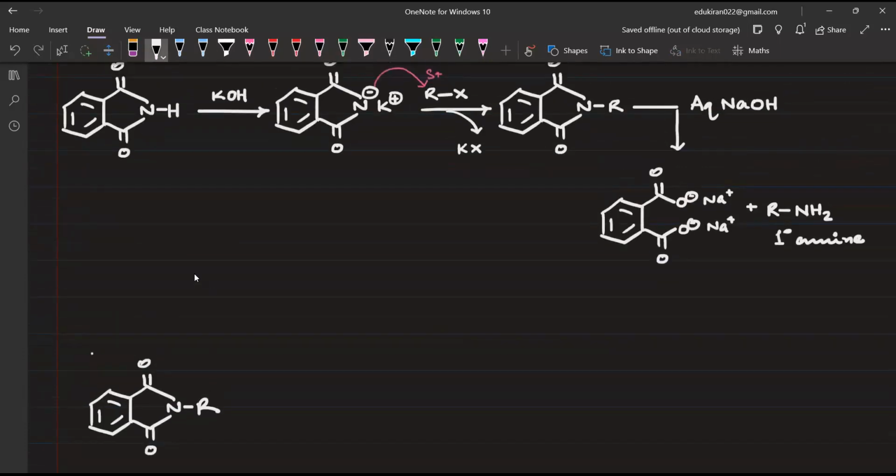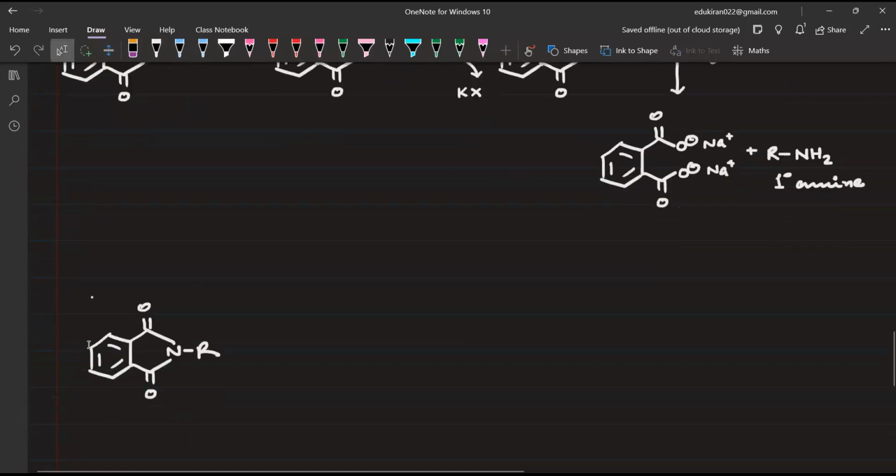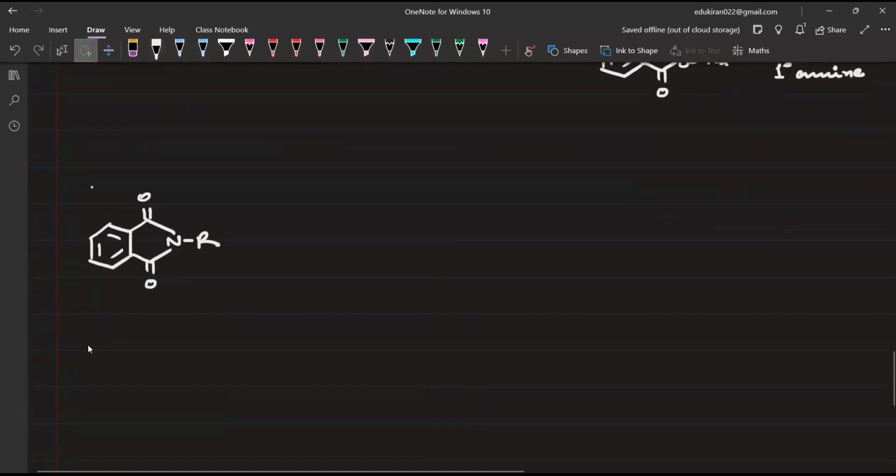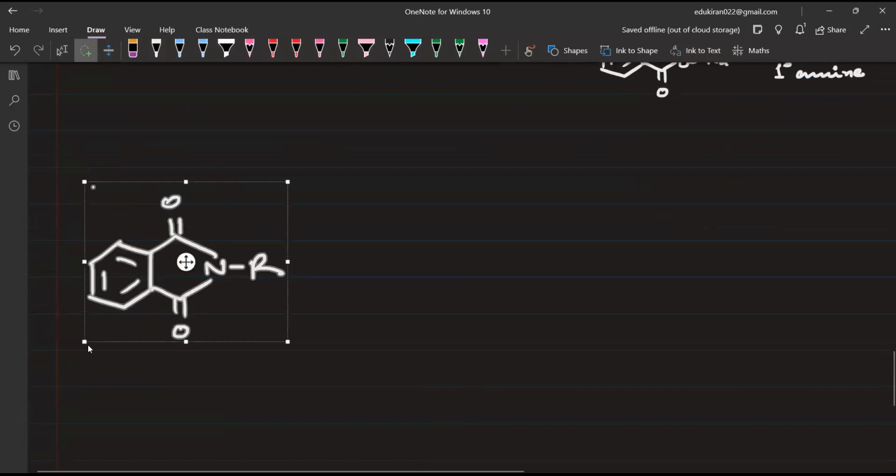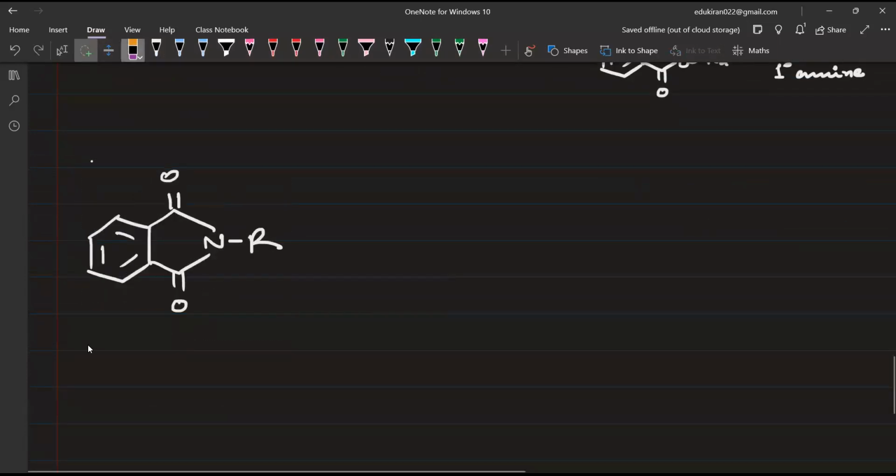You have NR and then we are using aqueous NaOH. जब आपके पास aqueous NaOH है, that means you will be having OH negative. You will have OH negative. जब आपके पास OH negative होगा, then it is going to attack on a electrophilic site, जहाँ पे electrons की जरूरत है. So this carbon atom here, it is bonded with oxygen double bond, nitrogen with nitrogen single bond.